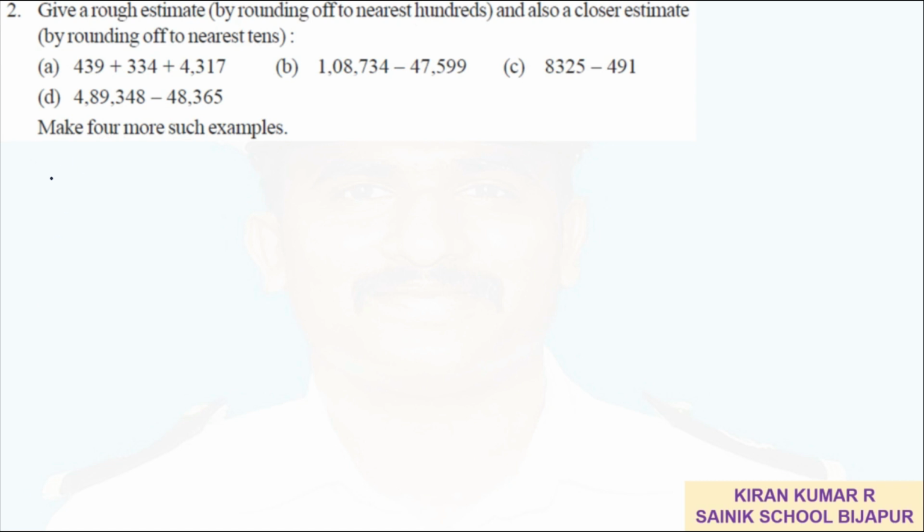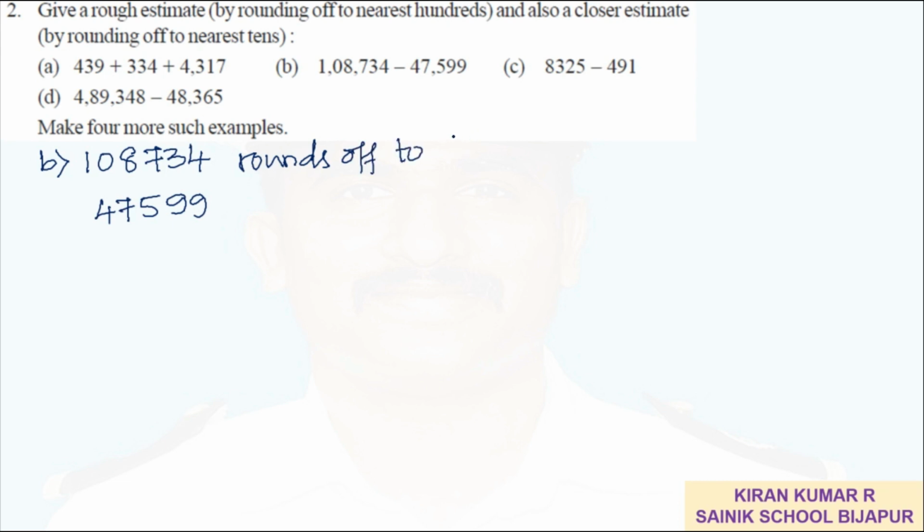Now B, 1,08,734 and 47,599. This number rounds off to 1,08,700 and this number rounds off to 47,600.